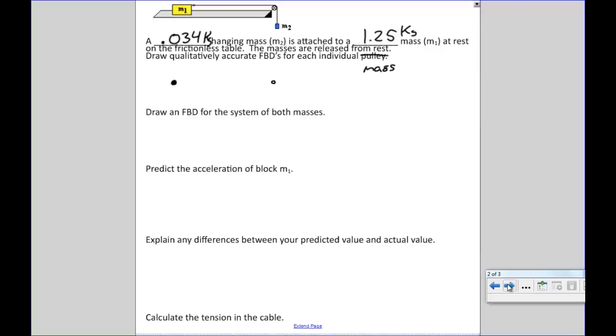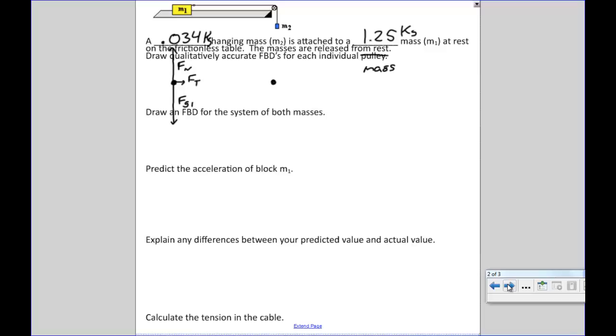Is it the one that's moving? Yep, we'll say that it is moving. Good question. Force of tension.